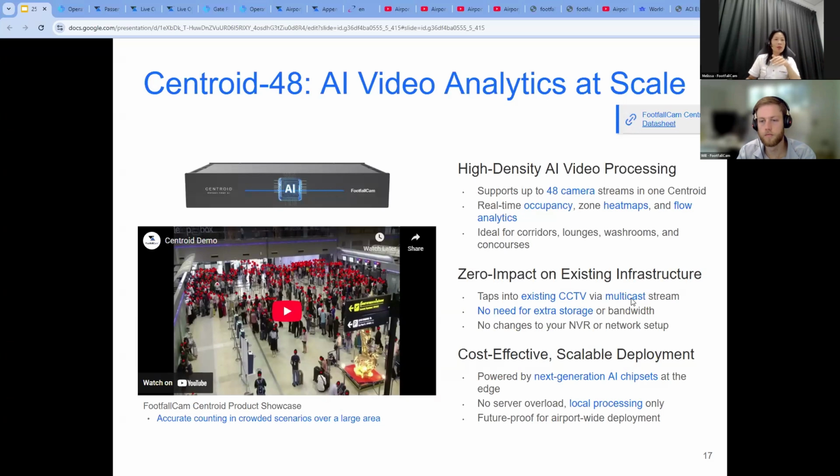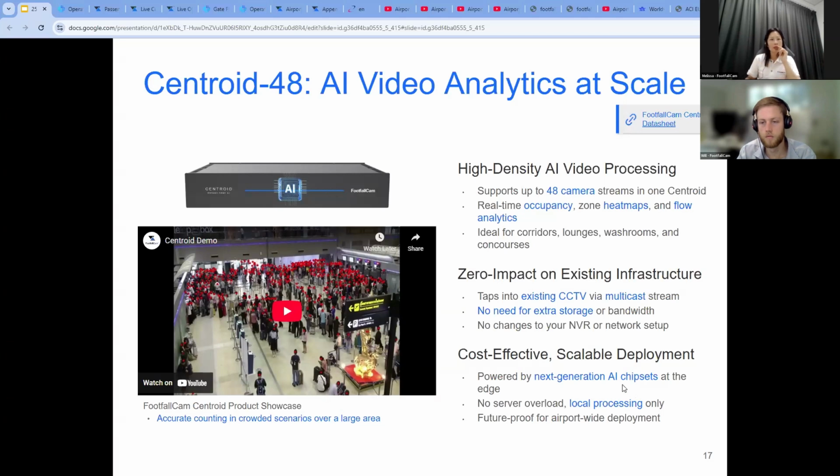That's the multicast streaming. This is what we call the zero impact deployment. This design ensures you don't need to upgrade your network infrastructure or worry about overloading your system. And this is something we will dive deeper into in a technical webinar later.